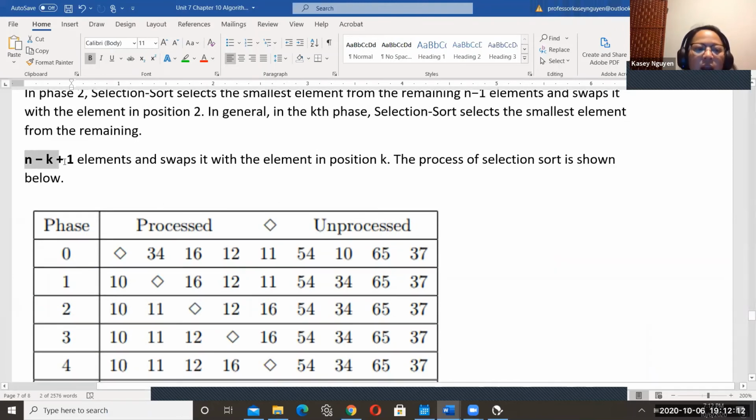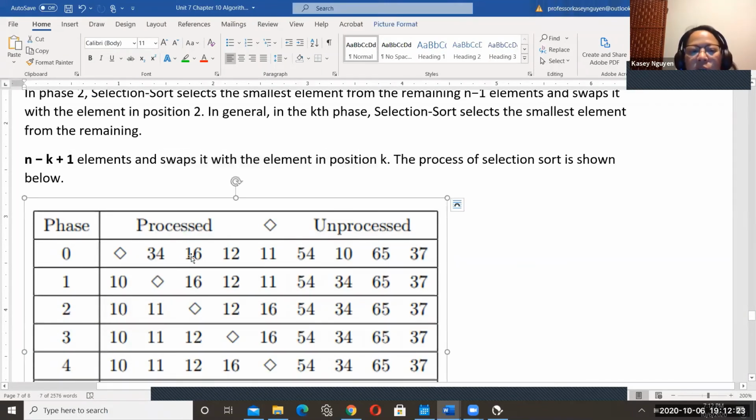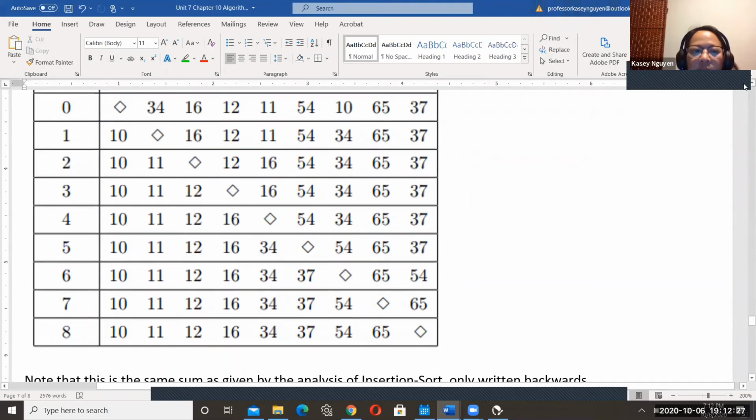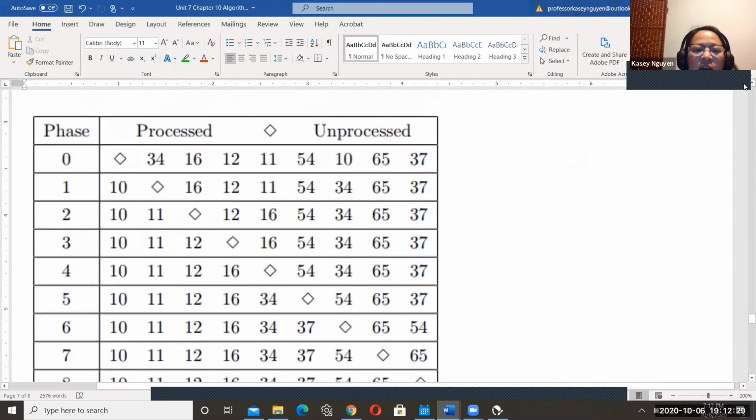The way we swap is n minus k plus 1 with the element in position k. So again, we have the same set of data: 34, 16, 12, 11, 54, 10, 65, and 37. This is your original set.